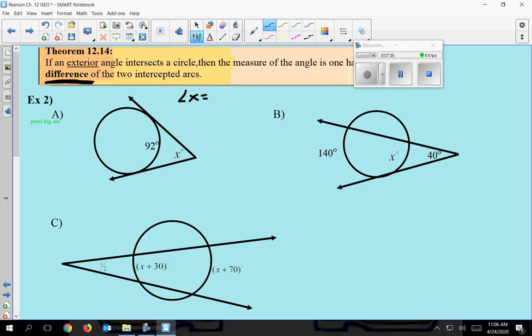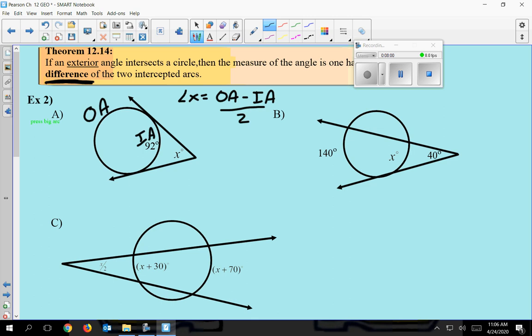I'll call this one the outside arc, OA, and this the inside arc, IA. So it's going to be the outside arc minus the inside arc, divided by 2. That's how I'm going to set mine up. That's what the theorem told me to do.